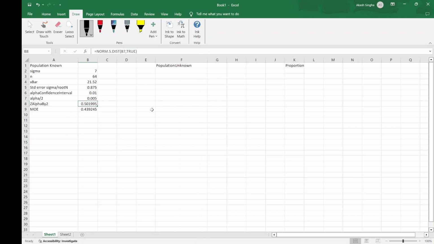I also got confused about when to use NORM.S.DIST and when to use NORM.S.INV. If the value inside is a probability, you have to use the inverse. And if the inside value is a z value, then we have to use DIST. So alpha by 2 is not a z value, it is a probability. So we have to use INV.